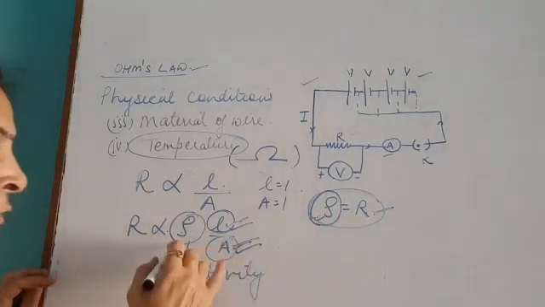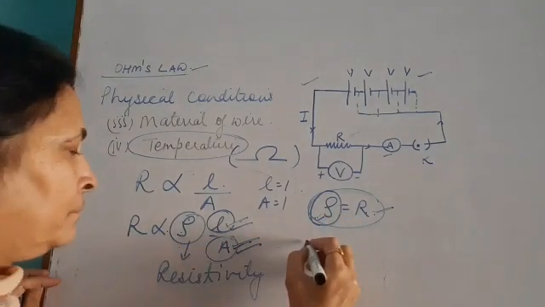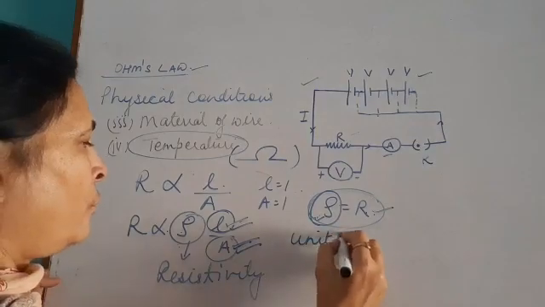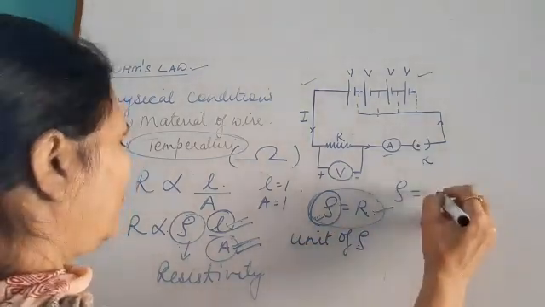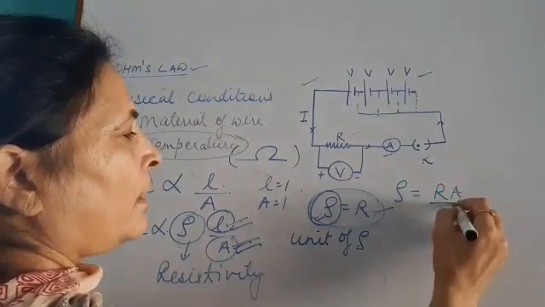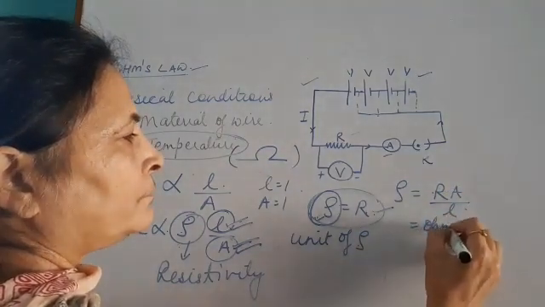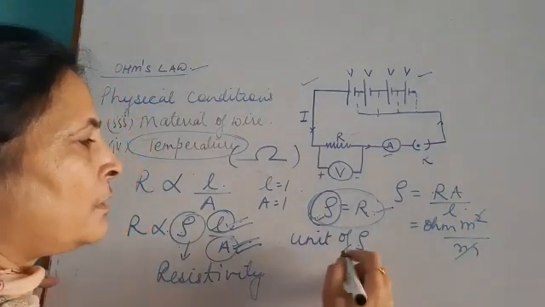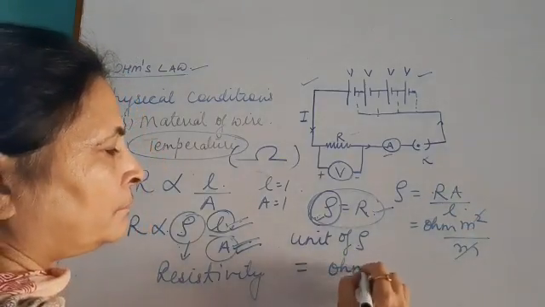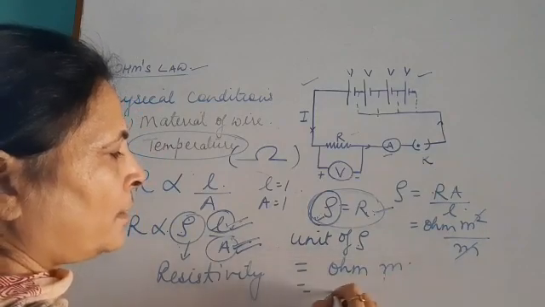And how will you find out the unit of specific resistance from here? Unit of rho, how will you find it? Rho equals R A upon L. R is ohm, A is meter square, L is meter, meter and meter will cancel out. Ohm meter, or you can write it like this.